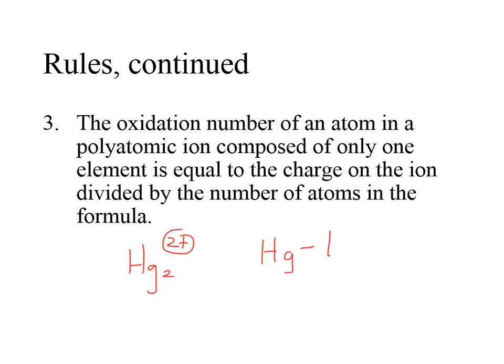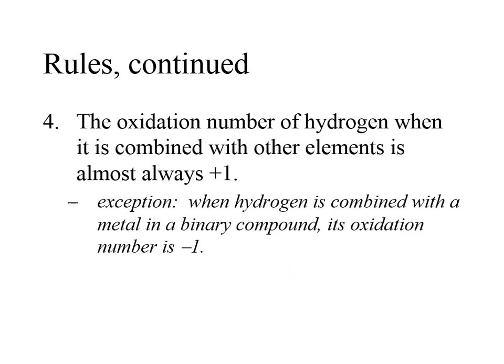Hg, covalent bond, Hg, all with a +2 charge. That's the mercury(I) polyatomic cation. So you take +2 and divide it by 2, so each one of those is +1. That's it. There aren't very many examples of polyatomic ions composed of only one element. The other one we're going to look at is I3 with a -1 charge. All right, another rule.